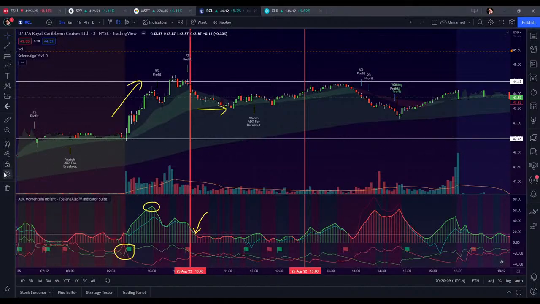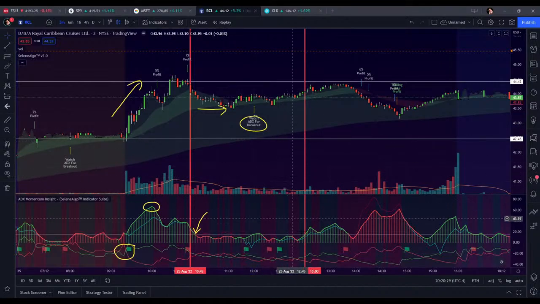Now, typically that watch for ADX breakout is a combination of a couple of things. It combines price action with trend strength and momentum. It looks at where ADX is, and keep in mind this is zero lagging ADX.